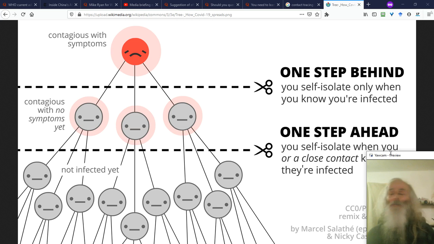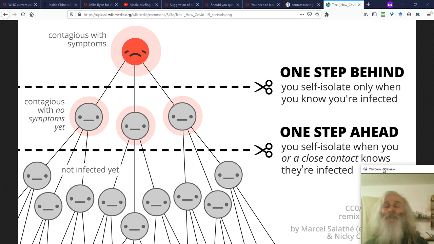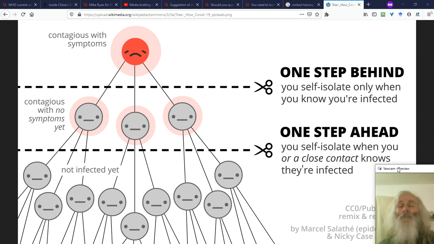But you might well ring these people up and they just say, "Oh, I'm just going to keep on doing everything." You can't make them quarantine, obviously. You've done your bit at that point. But you can inform them and help them understand that if they do quarantine, that's going to protect the people who are close to them from getting COVID-19.